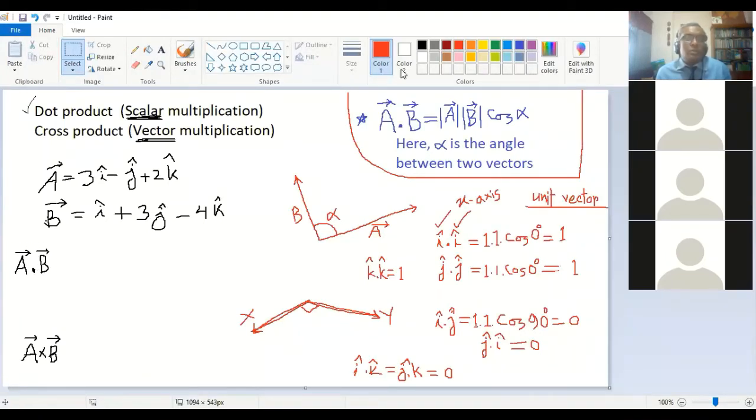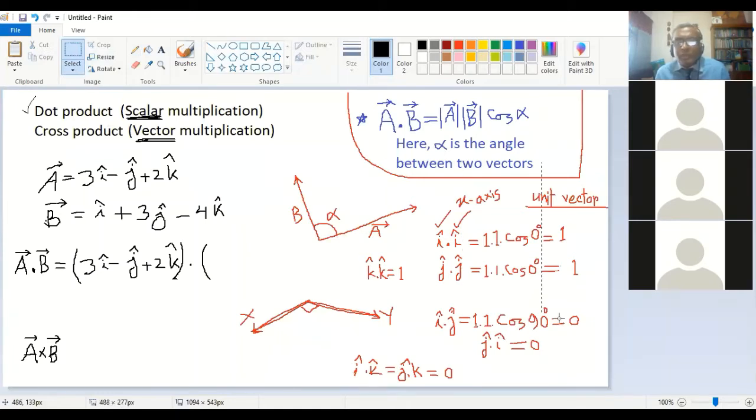Now you can go to the A dot B calculation. Let me copy the A vector here. What is the A vector? We already have the A vector, and I'm copying this. So this is our A vector, and using a bracket, then dot, then another bracket, I will put the B vector.